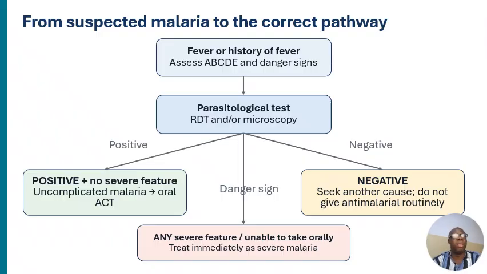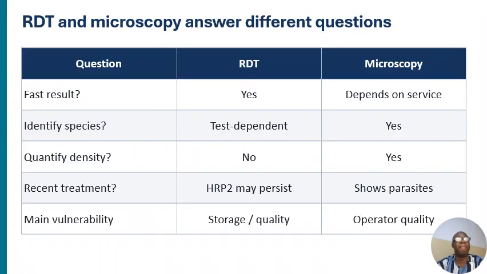Remember also the sentence at the bottom of this slide: a positive result does not exclude sepsis, meningitis, pneumonia, or another coexisting illness. What this means is that you must always look for other causes of fever and other causes of these organ dysfunctions, signs and tests.